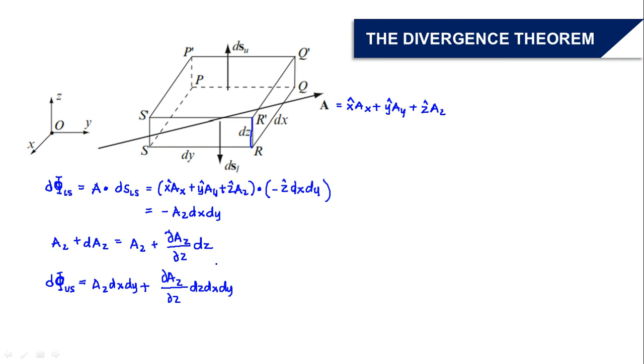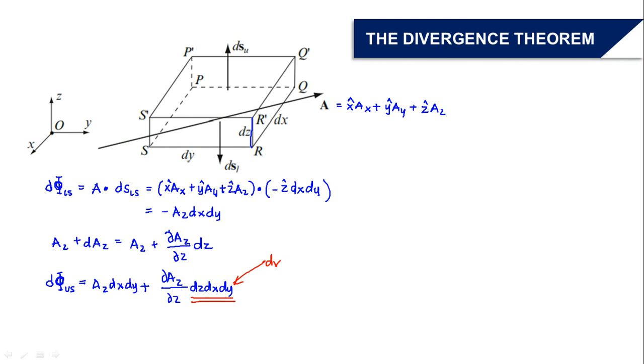Oops! Yung ating dx, dy, and dz, kung mapapansin natin, yan ay, hindi ako nagkakamali, ha? Ito ay dv. Tama ba? So, dx, dy, and dz is a dv.